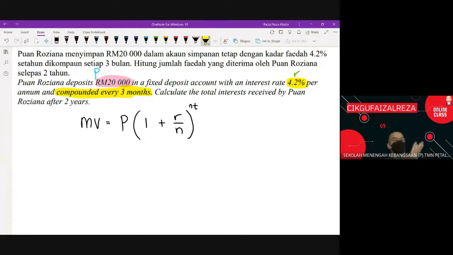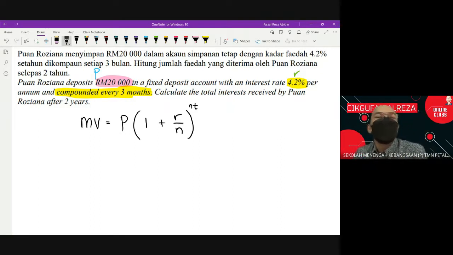Every 3 months means that in a year, 3 months compounded, 3 months compounded. Is your N 3? No, don't confuse. This one is compounded every 3 months.